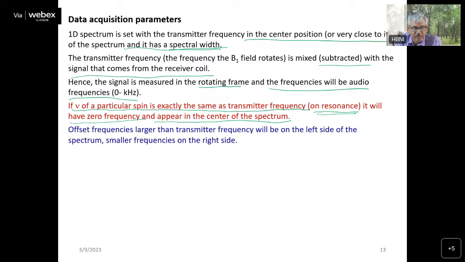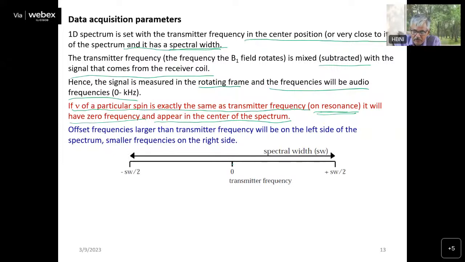Now offset frequencies. When it is on resonance, the offset will be 0. If the offset is positive, you will see those peaks coming on the left side of the spectrum, whereas if the offset is negative, having smaller frequency, they will come on the right side. So in the NMR spectrum, this will be your transmitter frequency, what you call on resonance.